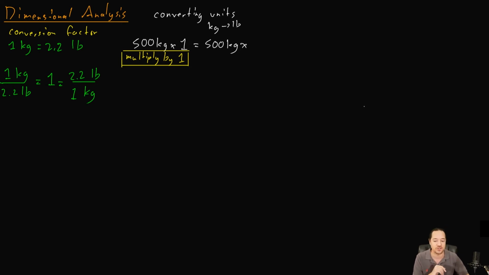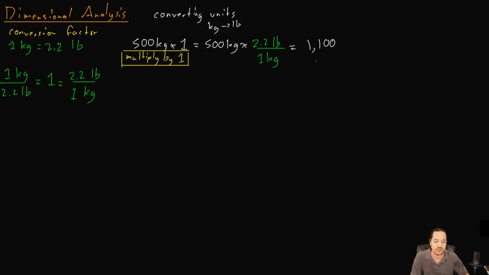All right, so let's do that. I'm going to choose the 2.2 pounds per 1 kilogram conversion factor here. Now this is equivalent to 1, so I'm not changing the quantity of 500 kilograms, but let's see what does happen. When I do this, I can do the math. 500 times 2.2 should give us 1100.